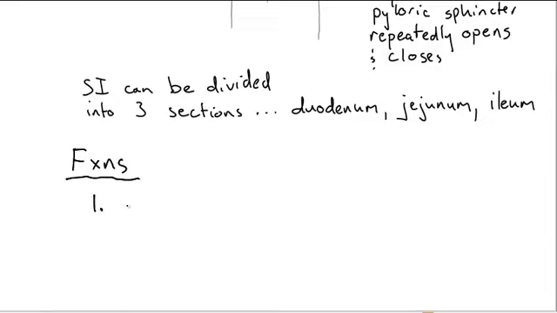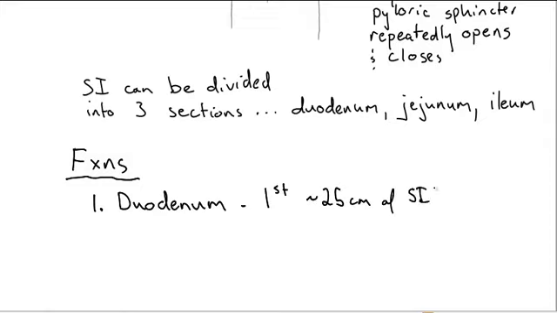So first section is the duodenum. And this is the first approximately 25 centimeters of the small intestine. And it has ducts, not quack quack, but ducts as in duct tape. And ducts are just tubes.